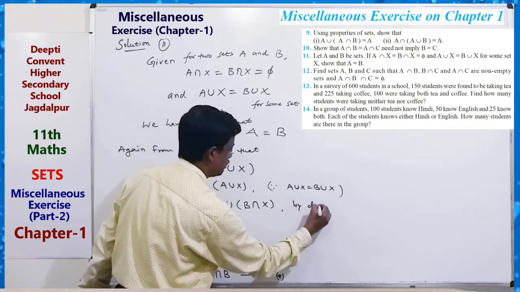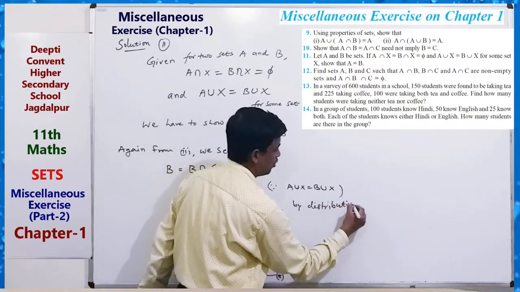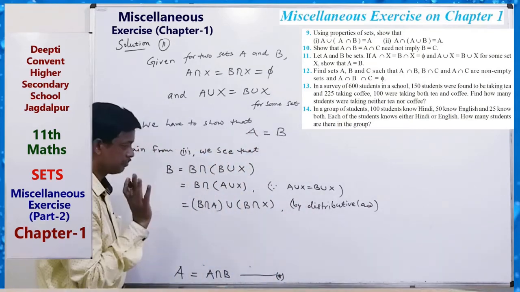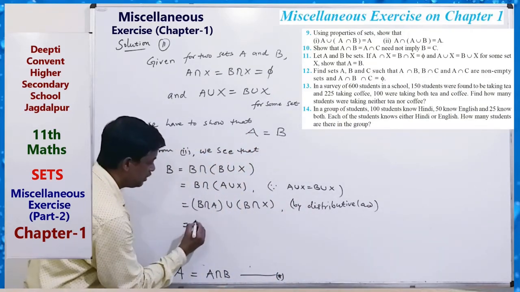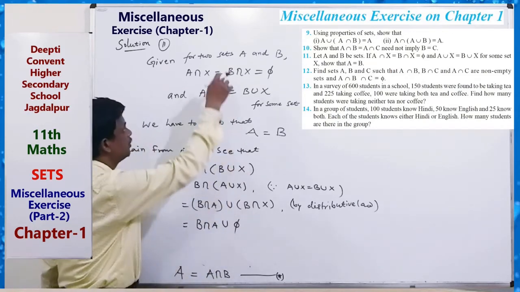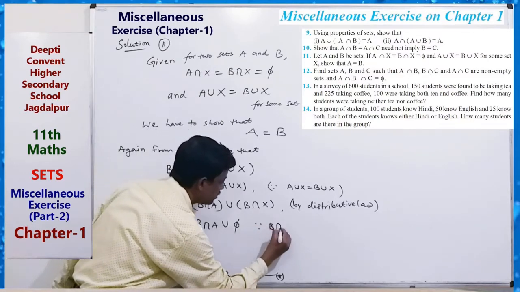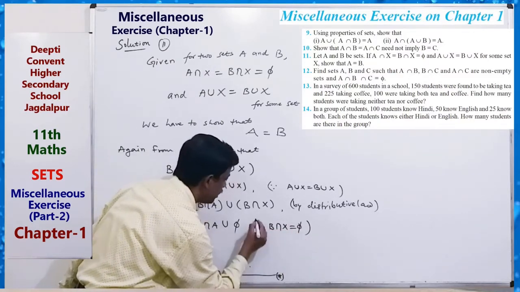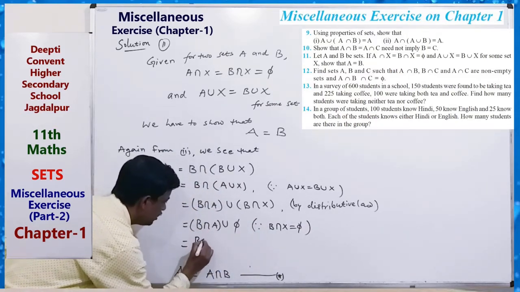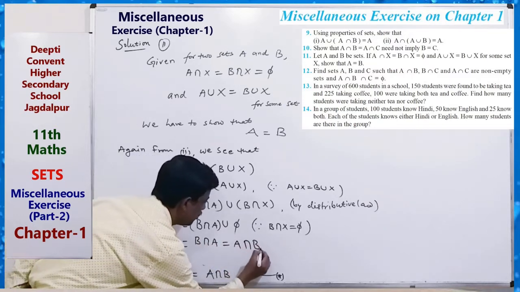Now B intersection X equals phi, so this equals B intersection A, which can be written as A intersection B by commutativity.